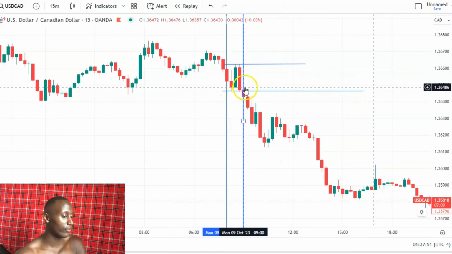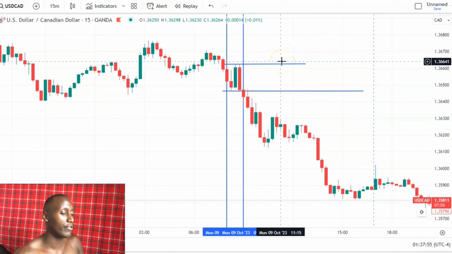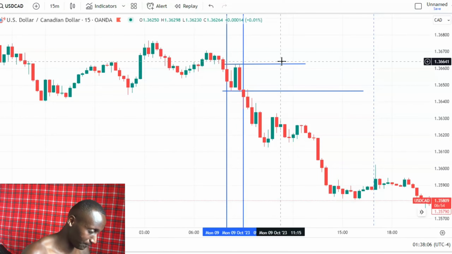All right, so if price breaks out, you can redraw the high and the low of the session using the reference point, the opening range, which is the first hour.